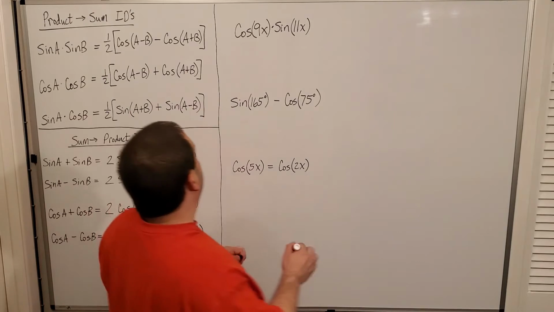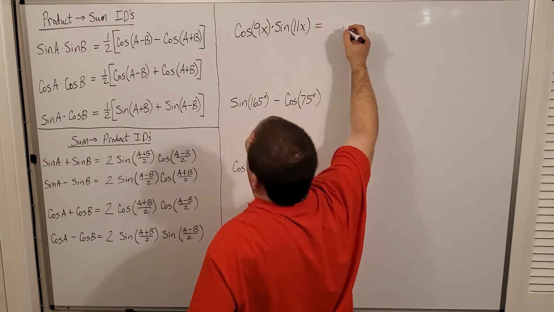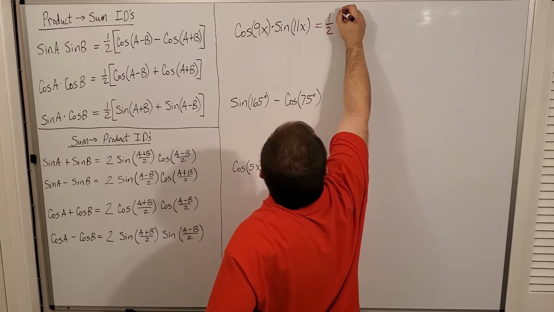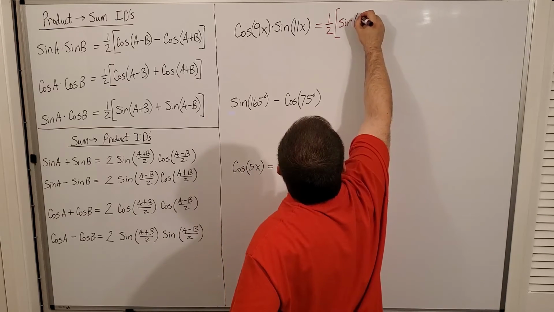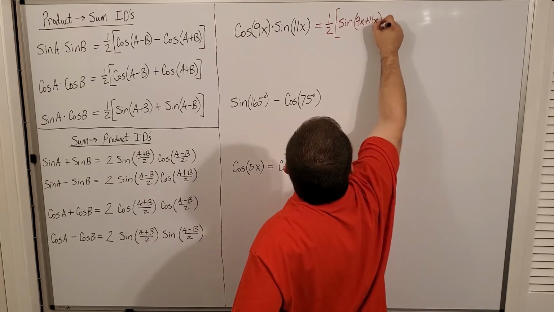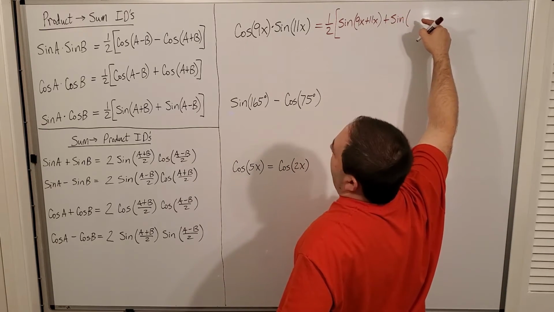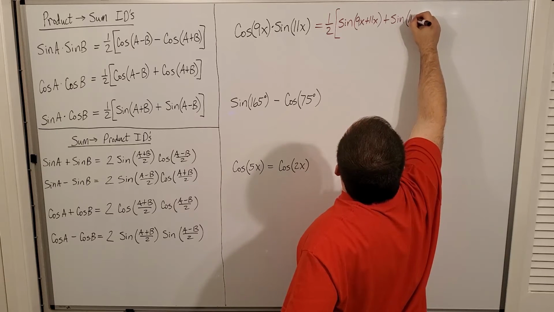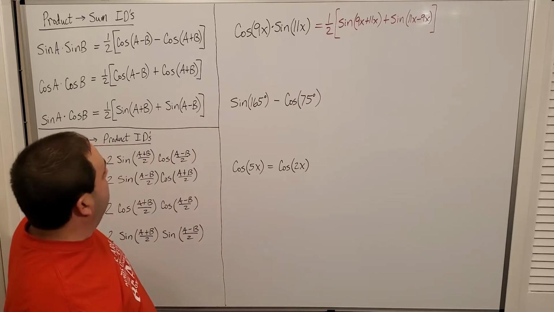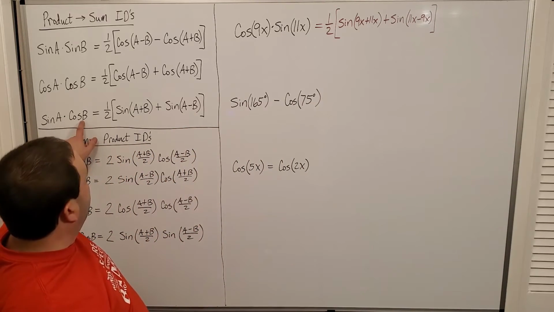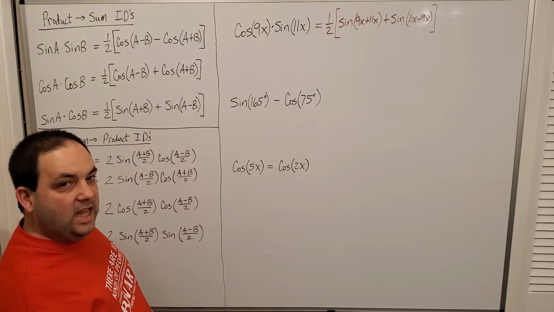Okay, so for this piece right here, cosine of 9x times sine of 11x, I'm going to say that that's equal to 1/2 times the sine of A plus B, which is going to be 9x plus 11x, plus the sine of A minus B, which in our case is going to be 11x minus 9x, like so. Right? Because that was the way these were ordered. Our B is technically the 9x. Our A is technically the 11x.